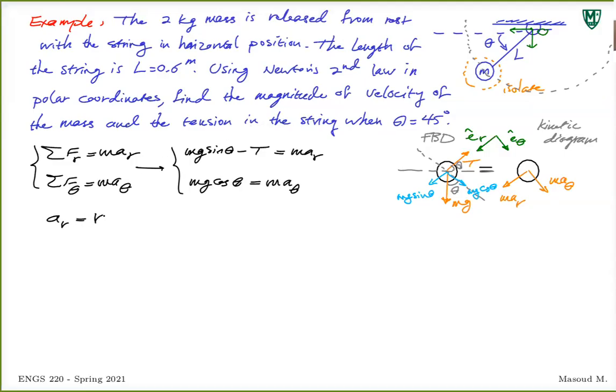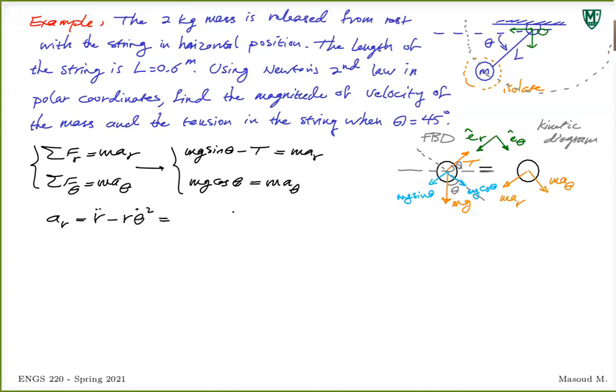Let me just write it and figure it out together. So it's r double dot minus r theta dot squared. That's what we had for that. What is r double dot here? Zero, exactly.